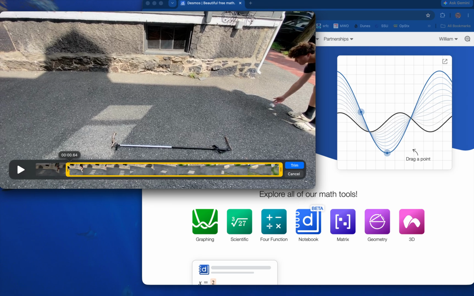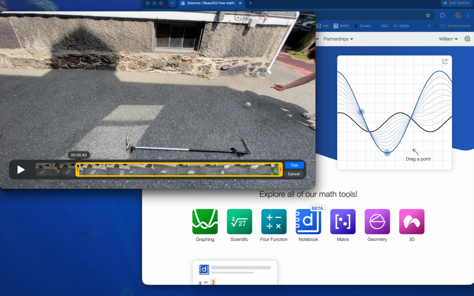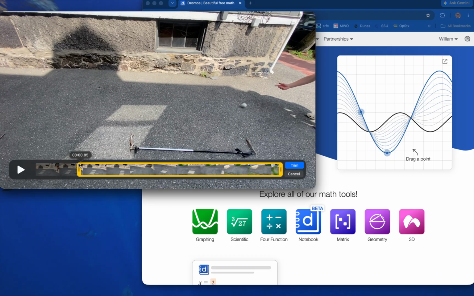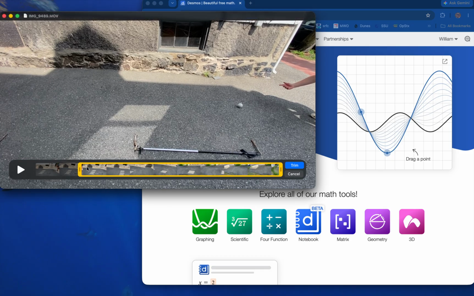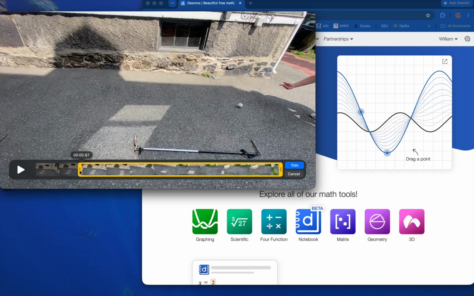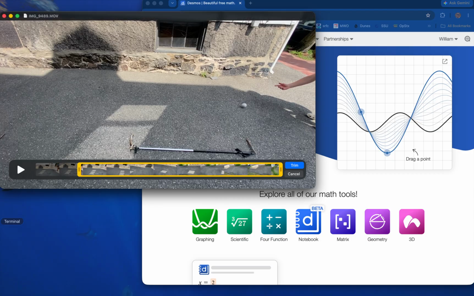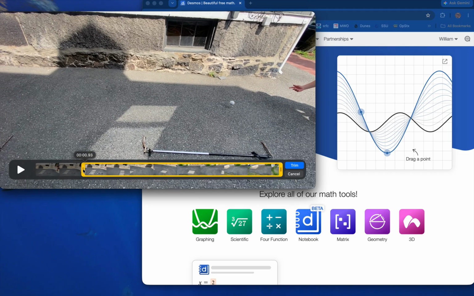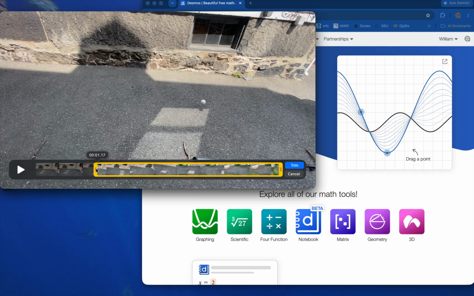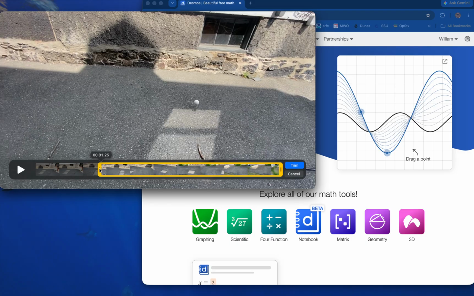So the ball gets rolled, and the first stick it crosses, the 0 mark, is at about 0.86 seconds. So I think I'll write that down. 0.86, and then it goes past the second one at about 1.25.